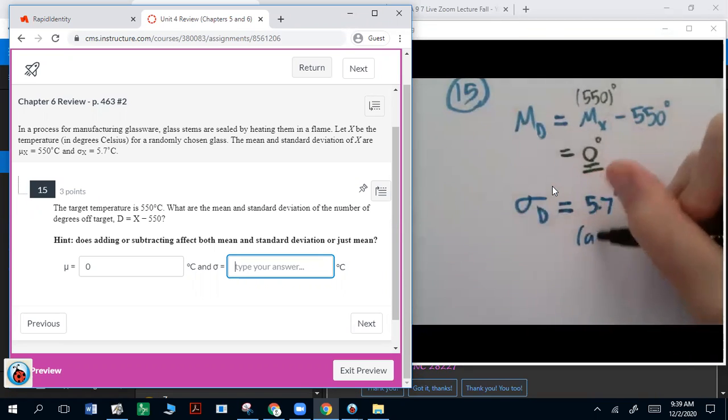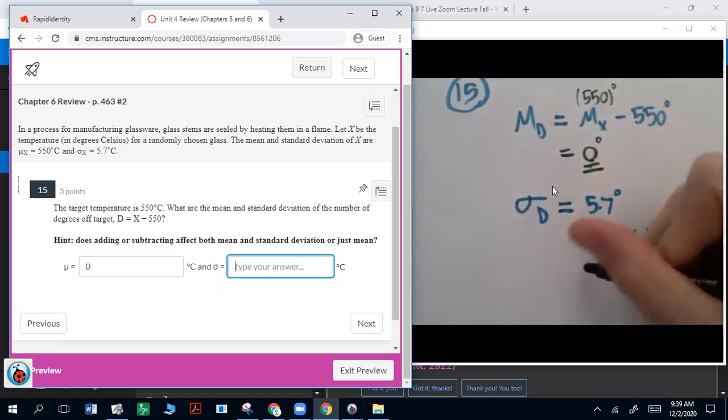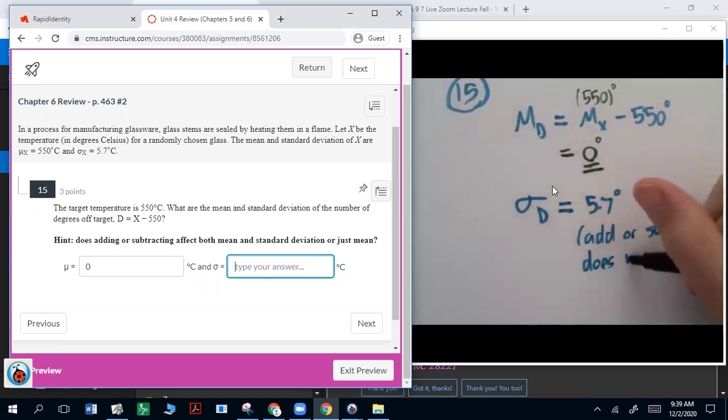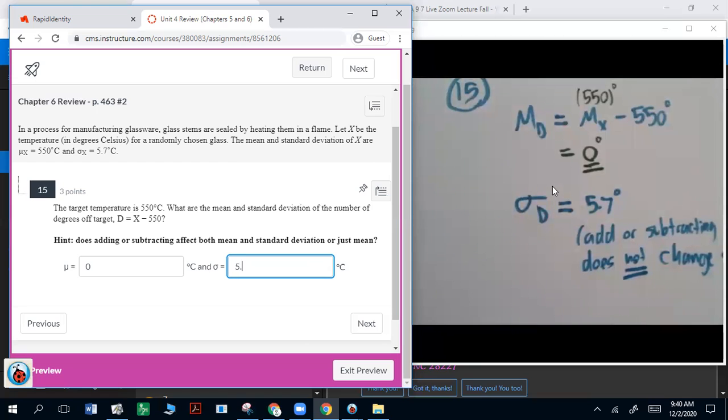We can just say adding or subtracting does not change the spread. So that's just going to be 5.7. Only multiplying and dividing change the spread.